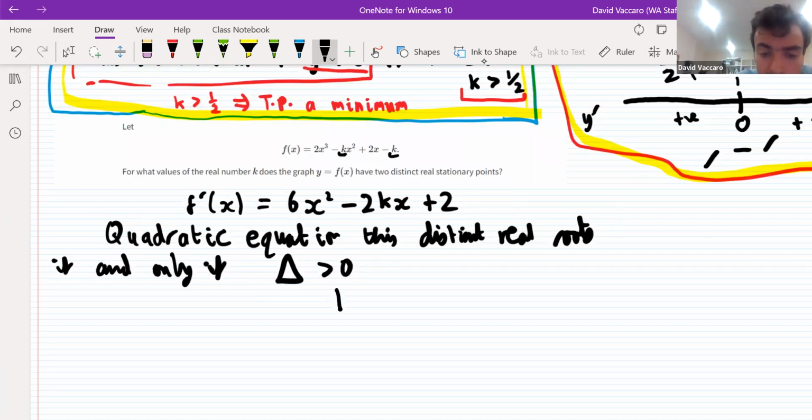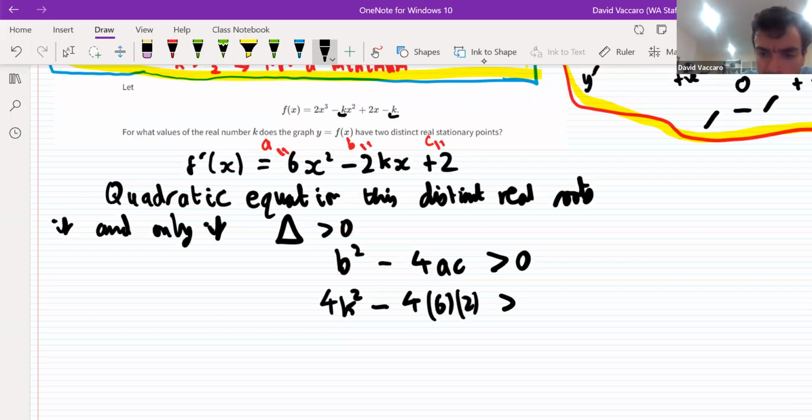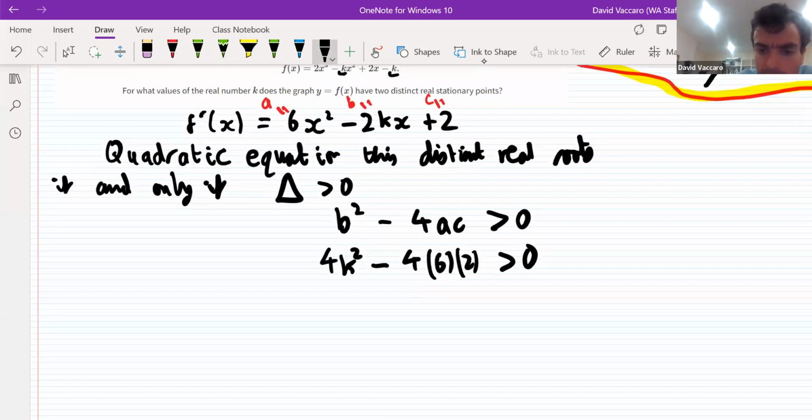So the discriminant is b squared minus 4ac in normal notation. So this is my a, minus 2k is my b, 2 is my c. So we get b squared is 4k squared, minus 4ac is minus 4 times 6 times 2. And we require that discriminant to be bigger than 0.